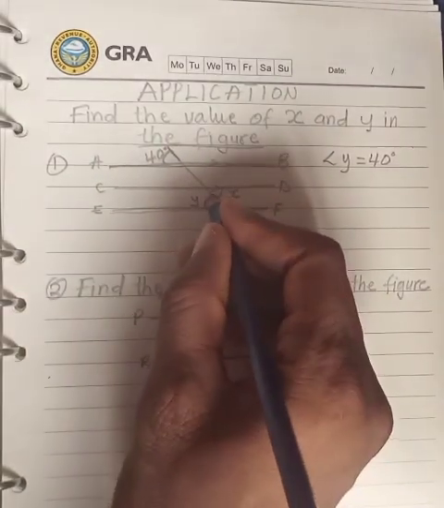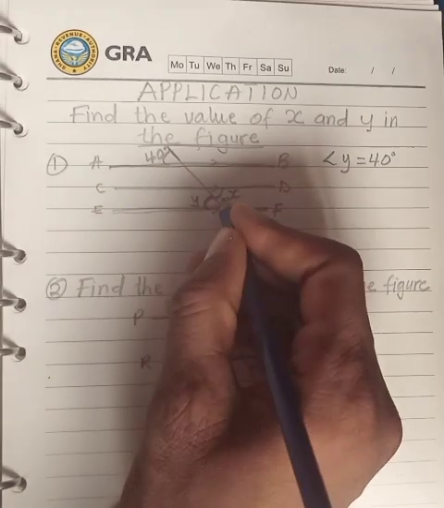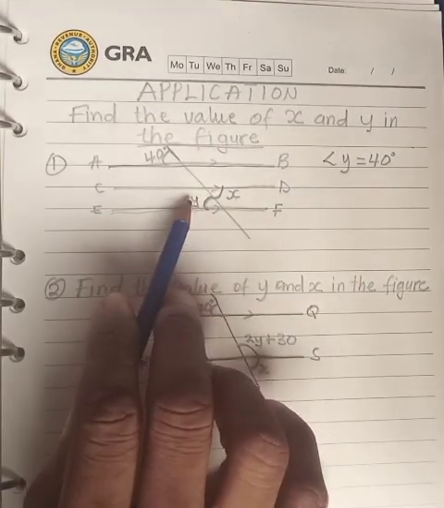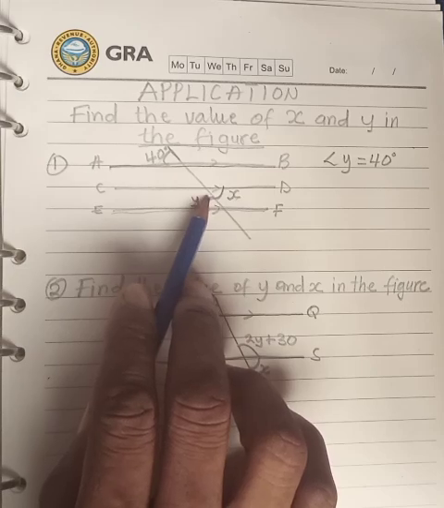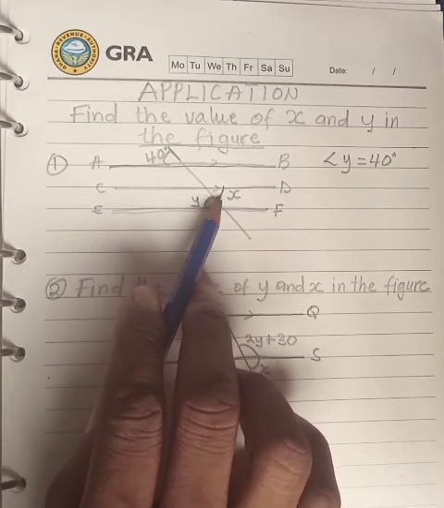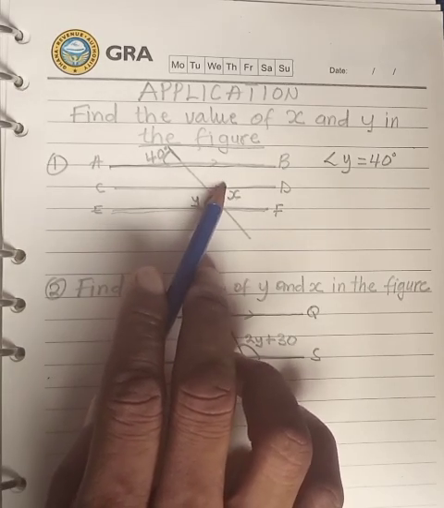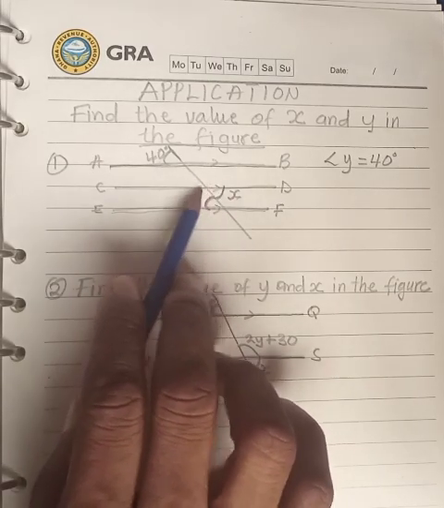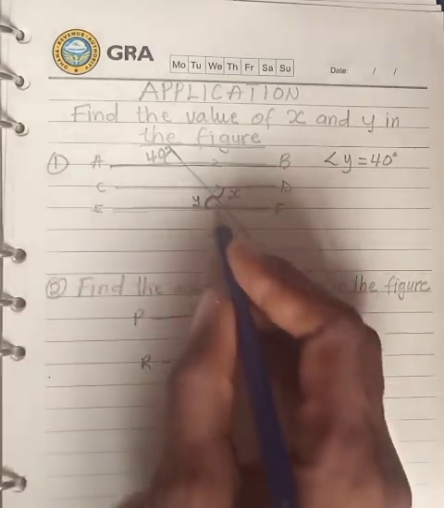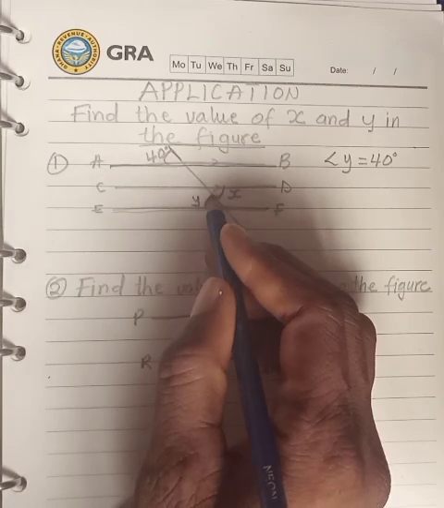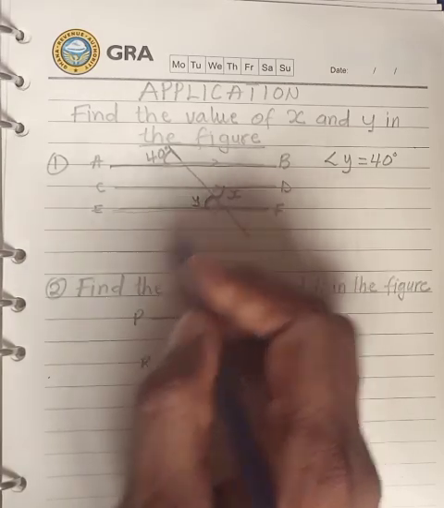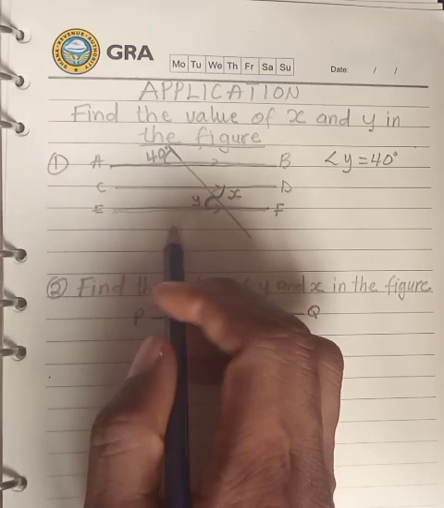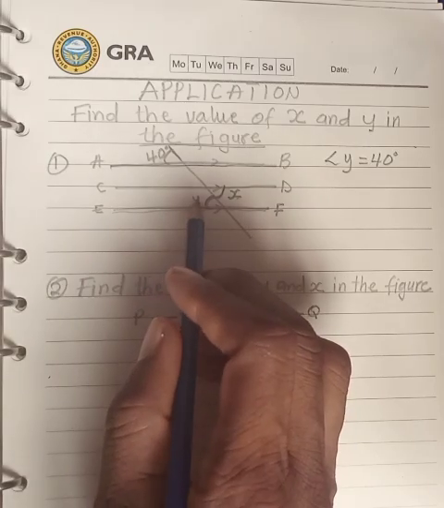Now when you see the angle y and the angle x, the angle y is forming at the opposite side of the angle x, and they are all along the transversal. Can you see it? By the opposite side. And if the angles are displaced in this nature, they are referred to as alternate angles, and alternate angles are equal.